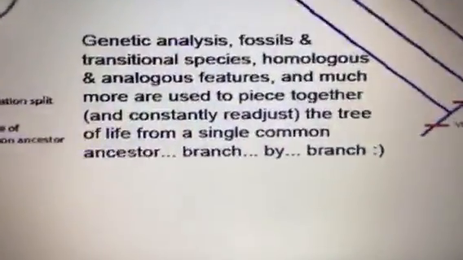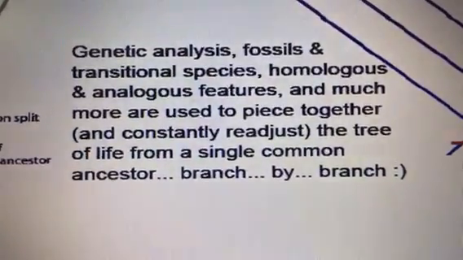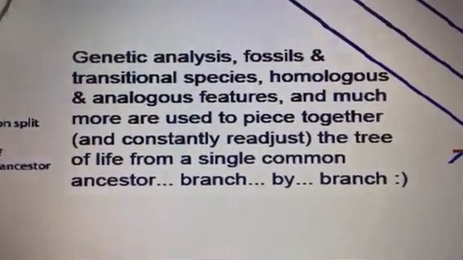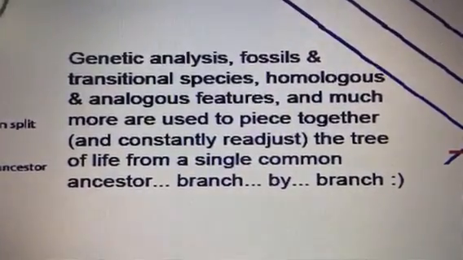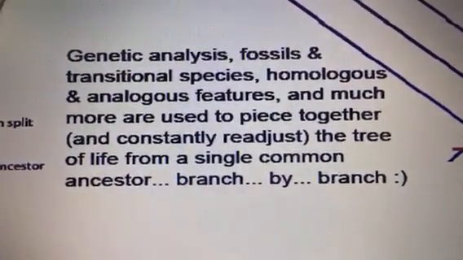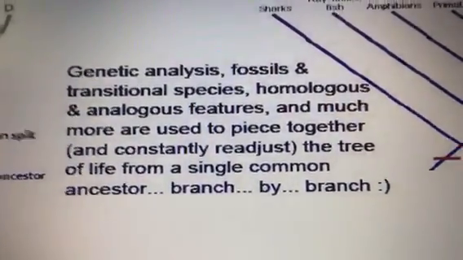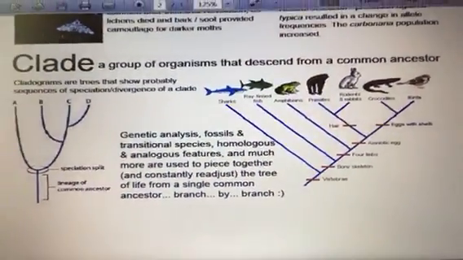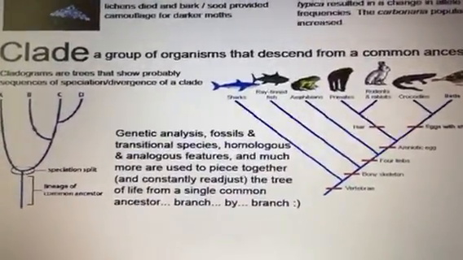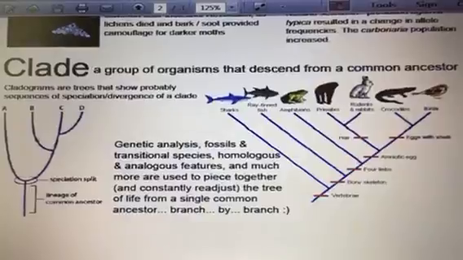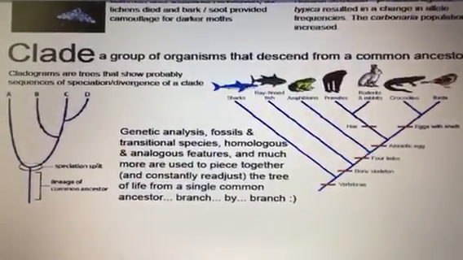So by putting all this together, genetic analysis, fossils, transition species, homologous and analogous structures, and a whole lot more, we have been able to slowly put together a tree of life, ancestor by ancestor, species by species, branch by branch, into what we would call the theory of evolution, which ultimately predicts that if you go back far enough, all life, including all eukaryotes and even prokaryotes, are descendant from a single common ancestor.